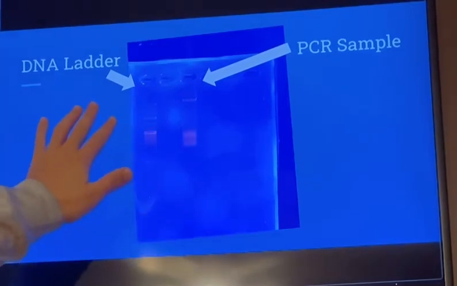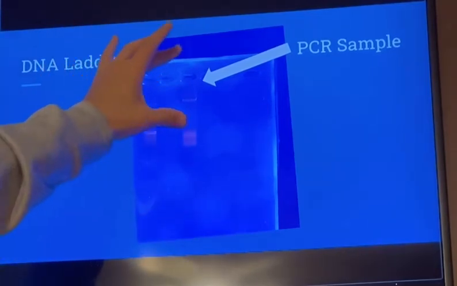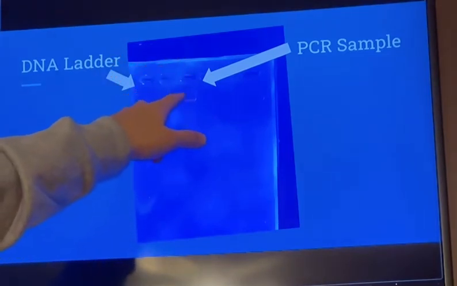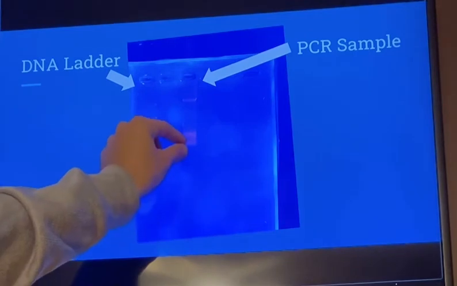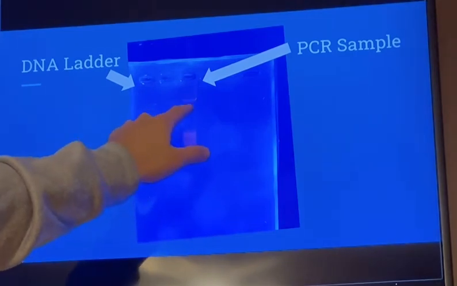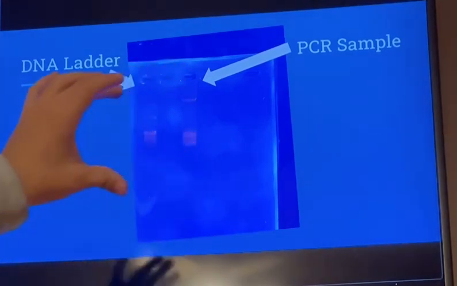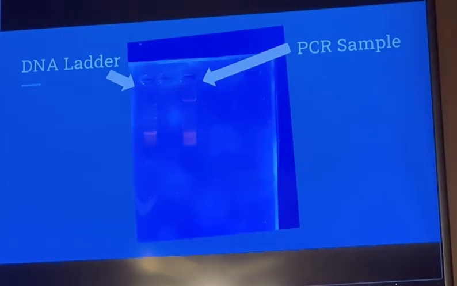Just to go over it again. We have the DNA ladder, we have our sample, we get banding from it, and usually primers will be lower down here. But this reads what our plasmid is. Let me go back.